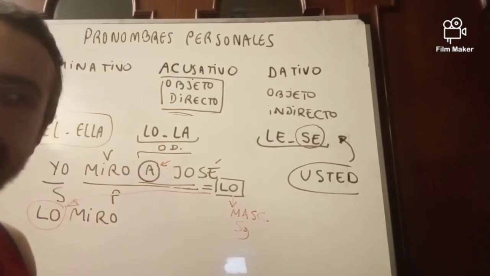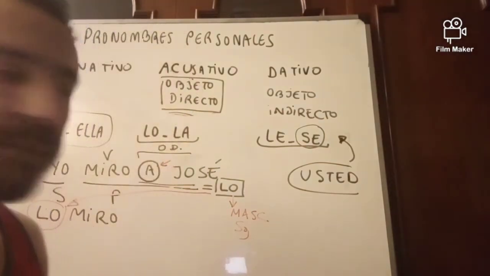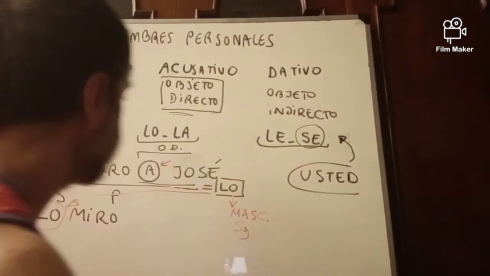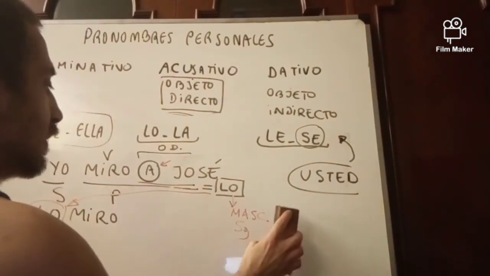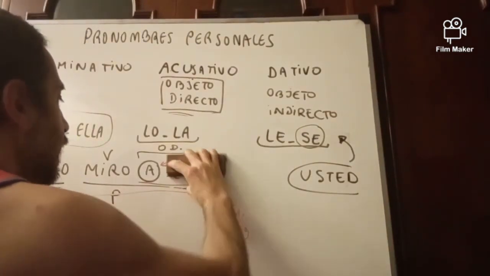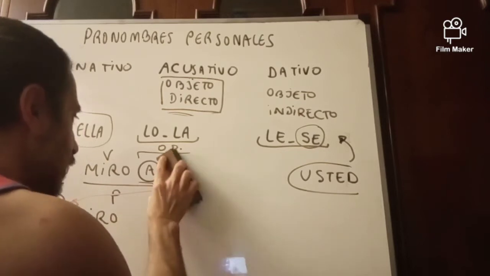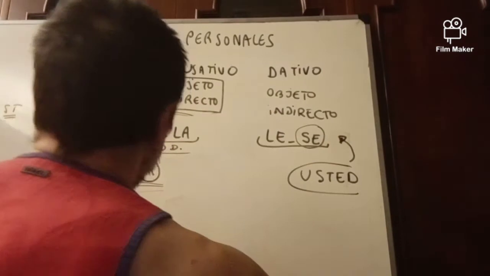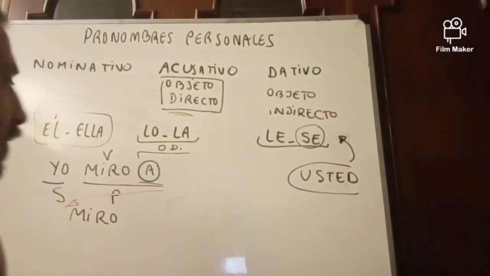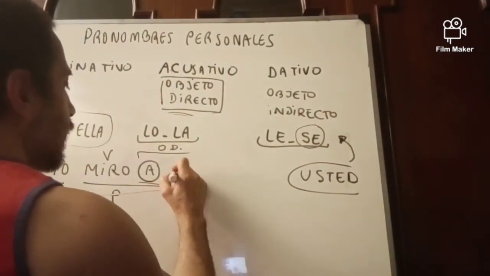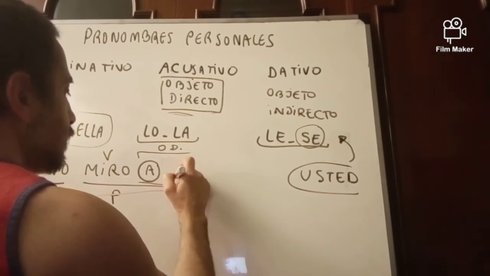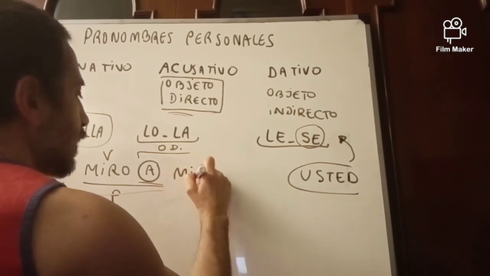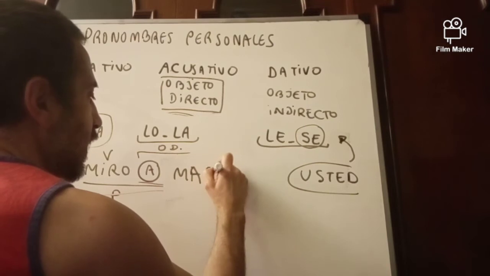Well, if I want to say something similar but referring to a woman instead of to a man, I have to change the proper name and the object pronoun. Yo miro a Maria. I'm looking at Maria.